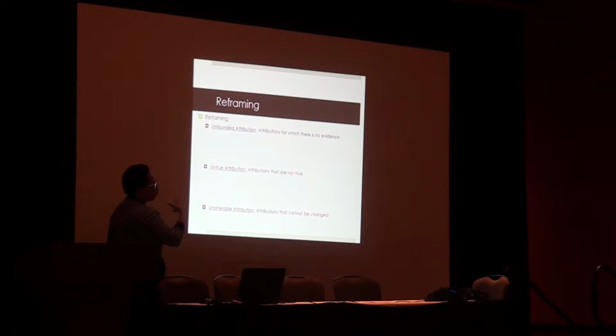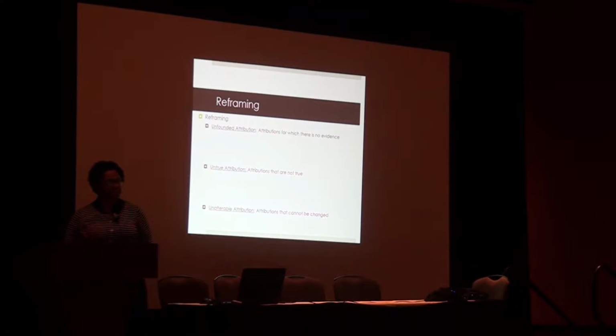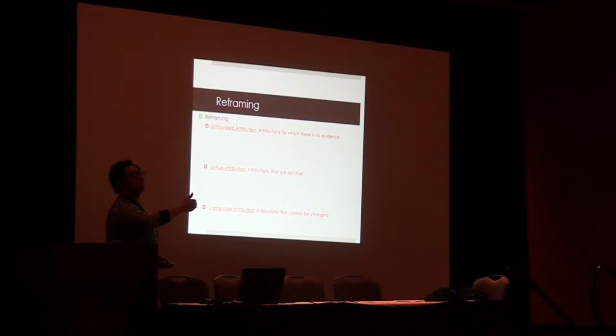So there are three ways that deficit-based conceptualizations commonly come up when we're talking about problem-solving teams. Those three ways are unfounded attributions. Attributions are basically what we attribute the problem to. What do we think is the cause of the problem? Sometimes people come up with causes that are unfounded.